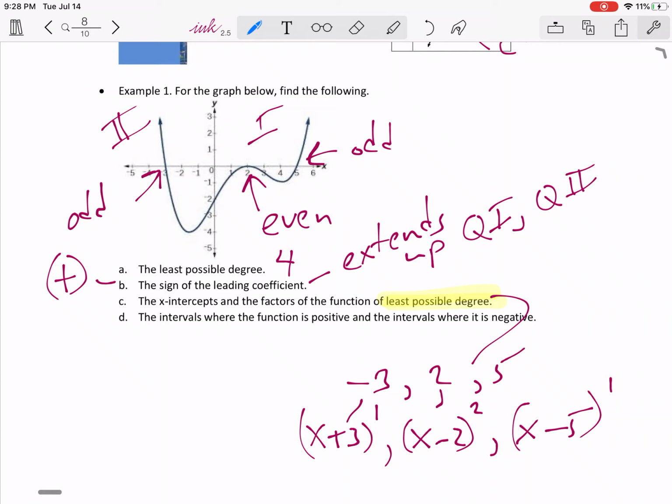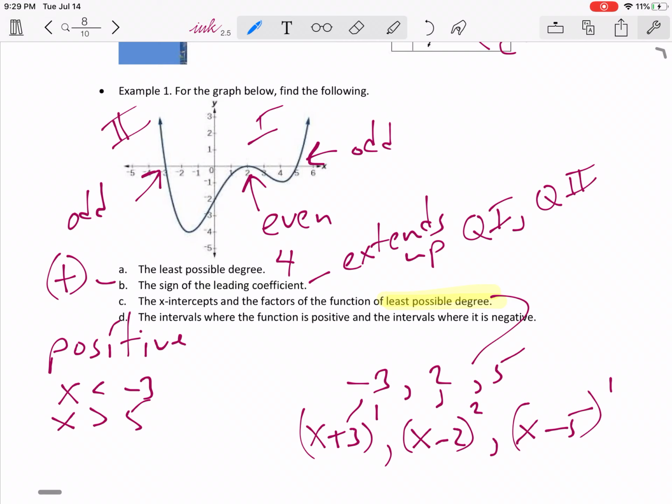And then the intervals where the function is positive and where it's negative. By positive, we mean above the x-axis, and negative is below the x-axis. So this is going to be positive for x less than negative 3 and x greater than 5.